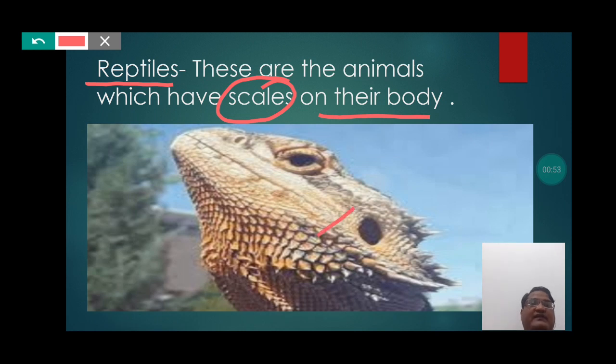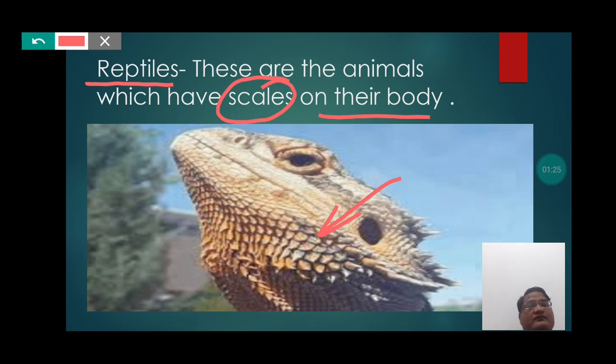So students, scales are actually the hard structures which cover the whole body of the organism and protect it from the adverse conditions of the atmosphere and even from the predators.